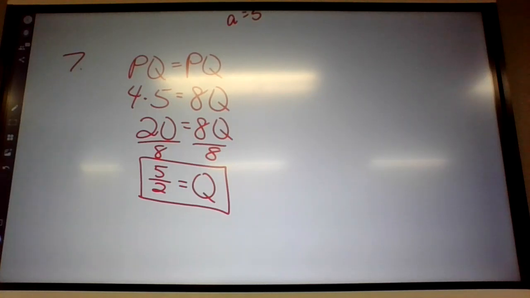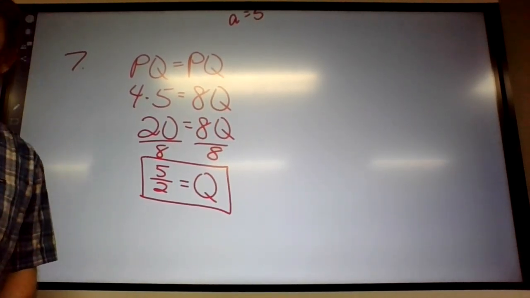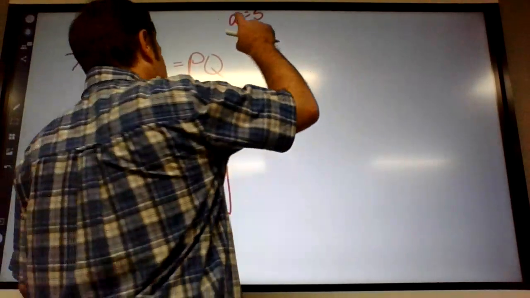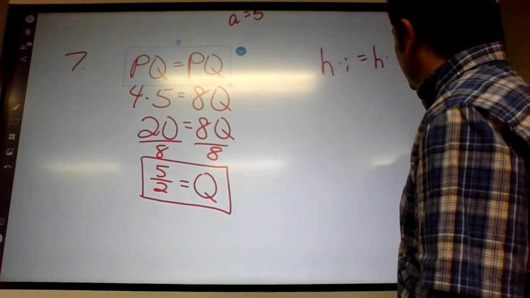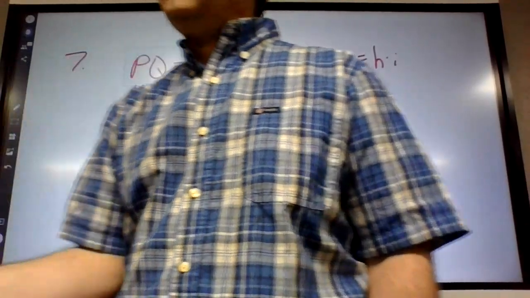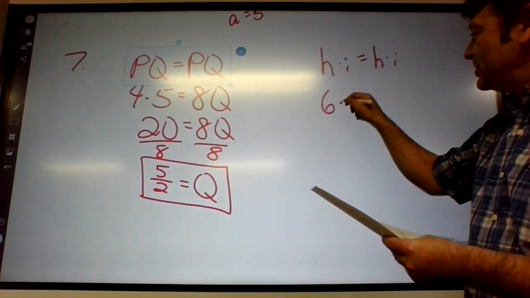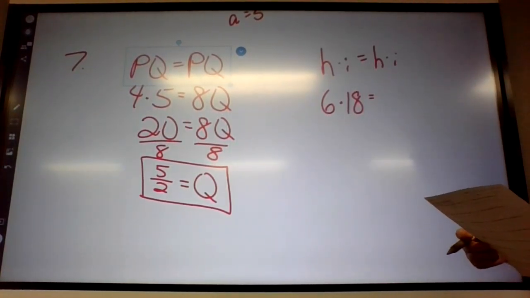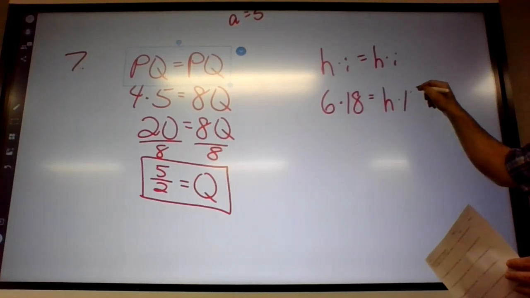Alright. Number 9. It is known that H varies inversely with I. So what are we going to use? What happens if it's not a capital Q? The same thing. H times I equals H times I. So when H is 6, I is 18. Find H when I is 12. I thought it was number 8.